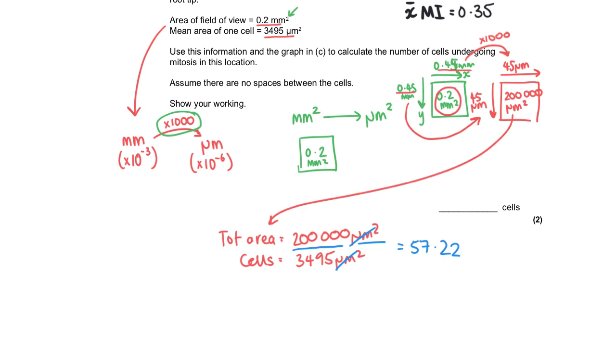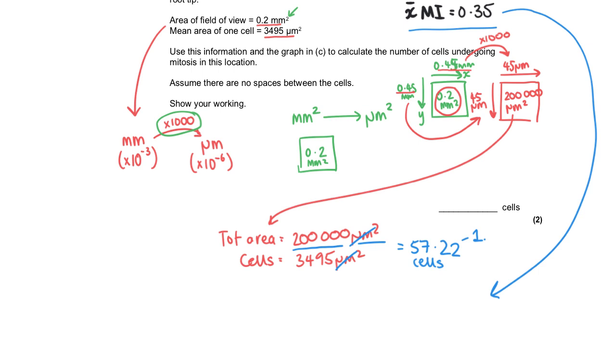And if you manage to get to this point already, you will have got 1 mark. So, an incorrect answer, but 57 or 57.2 will have gotten you 1 mark. From there, we needed to use the fact that there are 57.22 cells within this field of vision, and my mitotic index is 0.35.